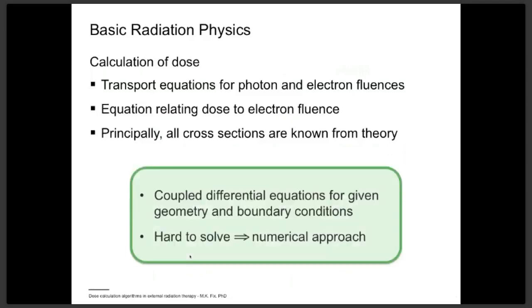But on the other hand, it results in a couple of differential equations for given geometry and boundary conditions. And those are hard to solve, and typically only numerical approaches like a Boltzmann solver or Monte Carlo simulations are appropriate. So people have been coming up with much simpler approaches, including approximations, in order to calculate the dose efficiently.